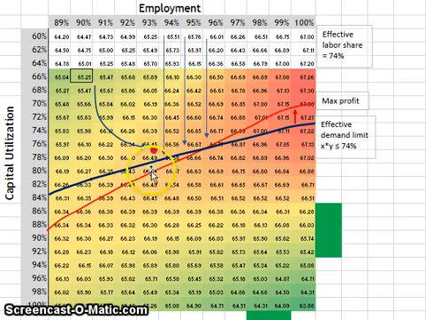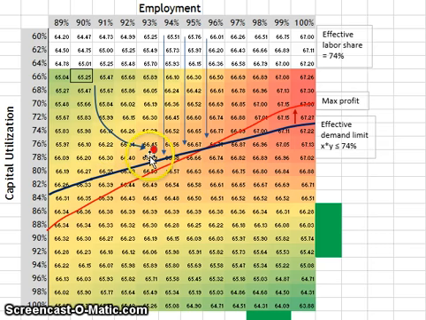Now the profit line is on the other side of the effective demand limit. So there's profits to be had. The companies feel like there's some growth that can happen, but there's this effective demand limit which is blocking them from really realizing the profits that they feel are there. But there's a limit that's blocking them. And as we've seen in the past year or two, capacity utilization has stabilized at around 78%.